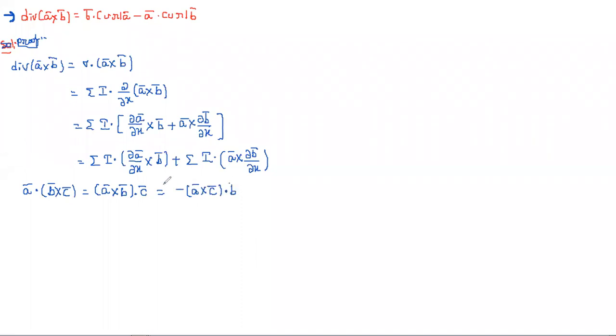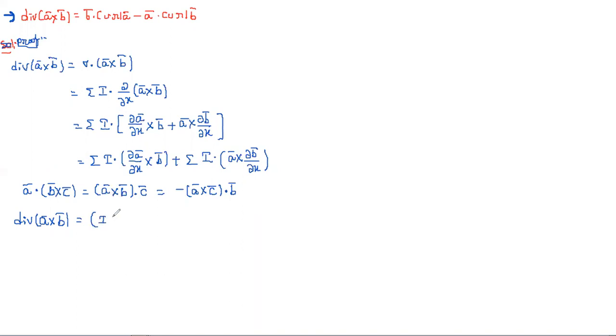So this is the formula I'm going to apply here, and then divergence of A bar cross B bar is equal. We can compare this one: this is A bar, this is B bar, and this is C bar. If you apply that, what will we get?